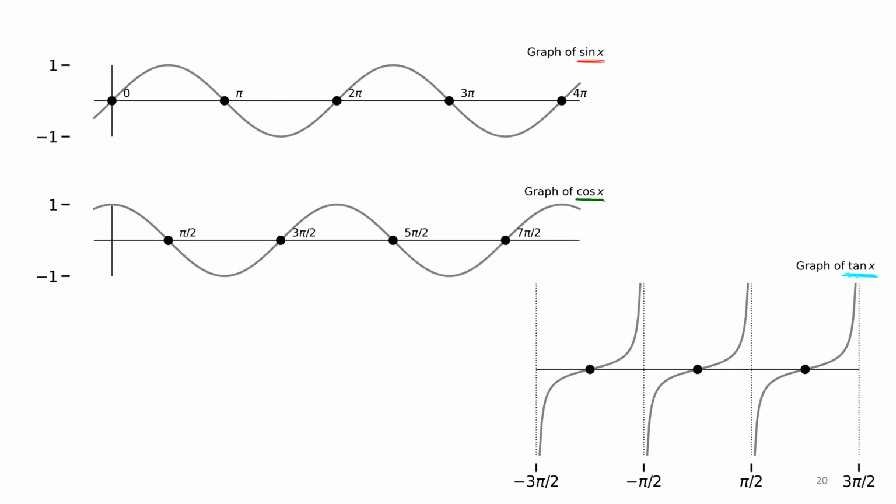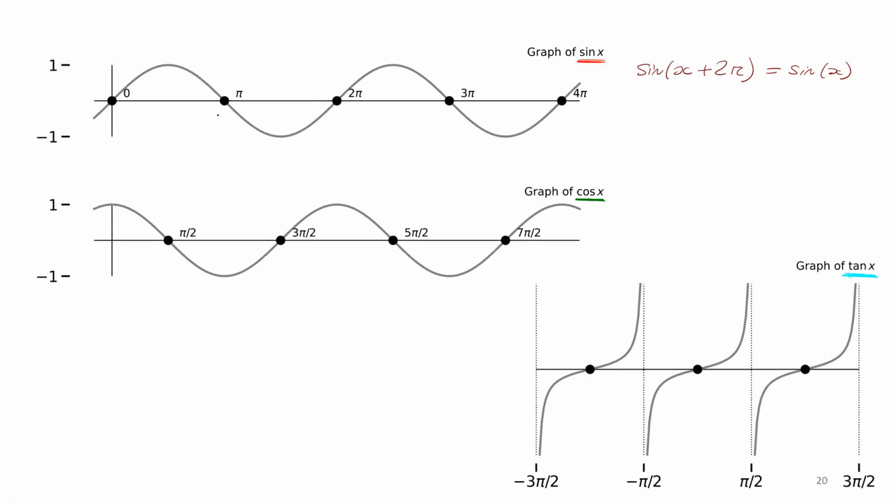So let's point out some salient features. First of all, I know that if I have sine of an angle x, and I add 2 pi to that, then I get the same thing as if I just take the sine of x. So remember, I can always add or subtract 2 pi, 4 pi to an angle, and that doesn't change the sine.